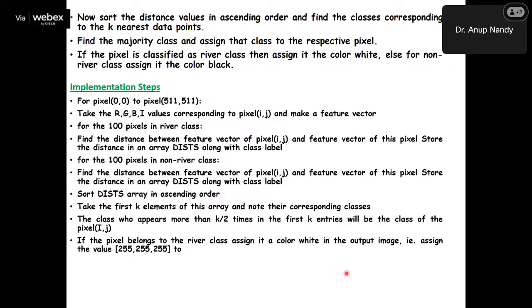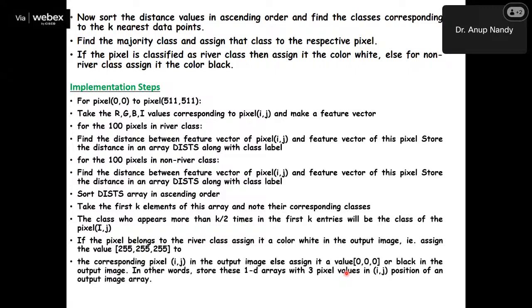Now if the class belongs to the river class, it is assigned the color white in the output image, that is, assign the value 255 for each band, else make it 0. That means 255, 0 or 0, 255, or black.